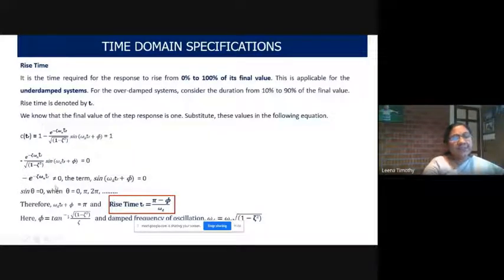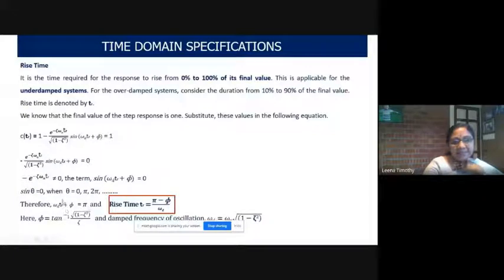This term is not equal to 0. Therefore, the sinusoid term will be equal to 0. So sine of omega d tr plus phi is equal to 0. This term is not equal to 0, so this term should be equal to 0. That means sin theta is equal to 0 when theta is equal to 0, pi, 2 pi, etc. And we have to take the acceptable solution as omega d tr plus phi is equal to pi.